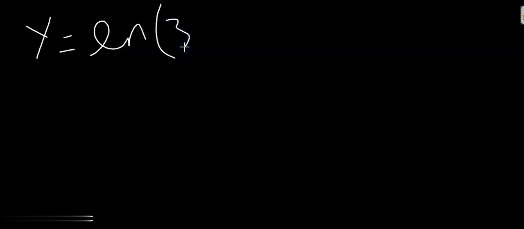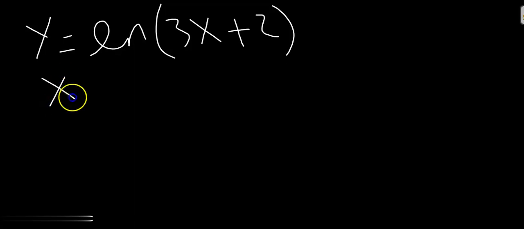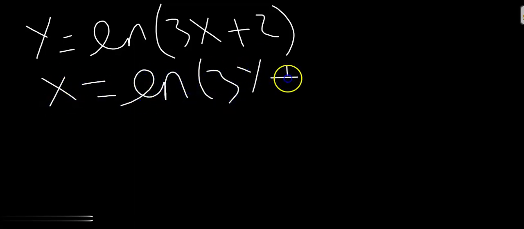With the ln function, let's just say that y equals ln the whole 3x plus 2. Well, this is the ln function, so the way that we're gonna deal with it, as usual, is ln the whole 3y plus 2.